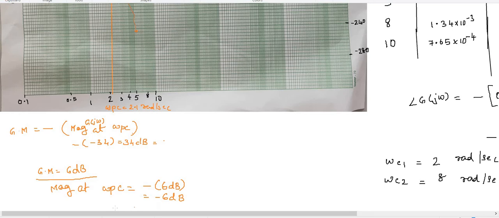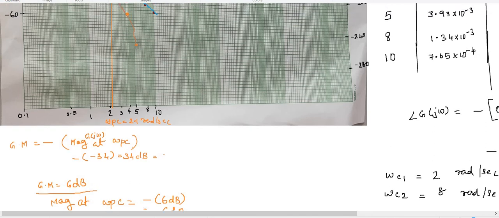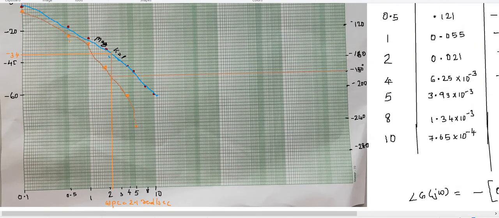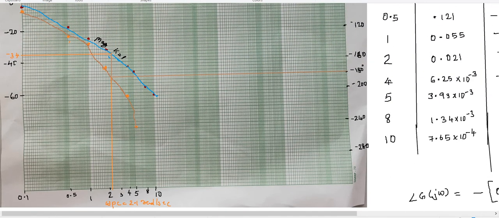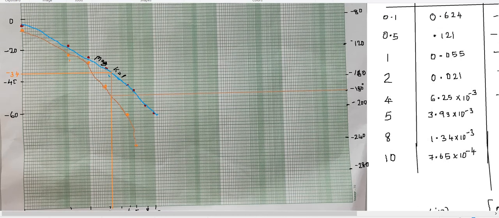So at omega pc, the magnitude should be minus 6 dB. That means we have to add some gain to this magnitude plot, so that at omega pc the magnitude should be minus 6.